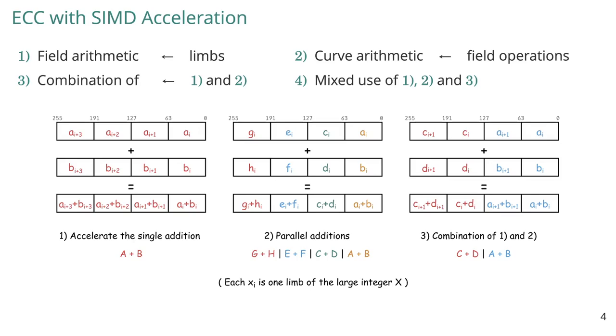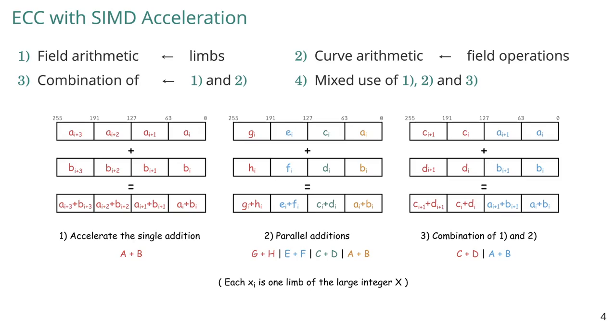In order to better understand these SIMD accelerations, we use addition as an example. We assume each row is an AVX2 register. As we said before, we use four 64-bit elements in each AVX2 register. The first figure shows how to accelerate a single addition by adding four pairs of limbs in parallel.